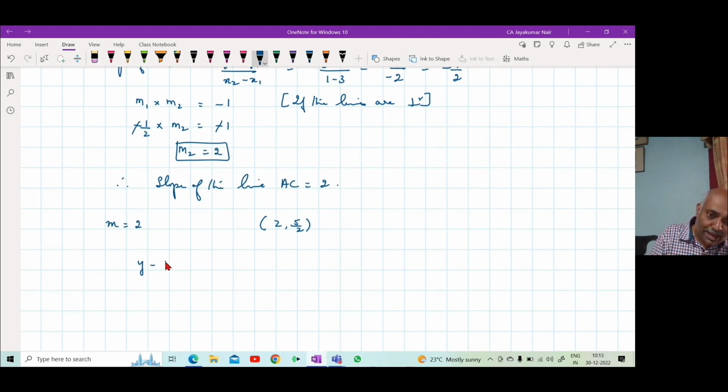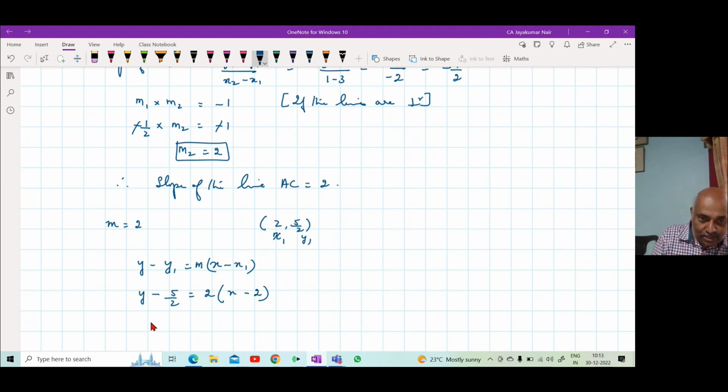It is y minus y1 is equal to m into (x minus x1). This is the formula to find the equation of the line. So this will be taken as x1 and this as y1. So y minus 5 over 2 is equal to 2 into (x minus 2).